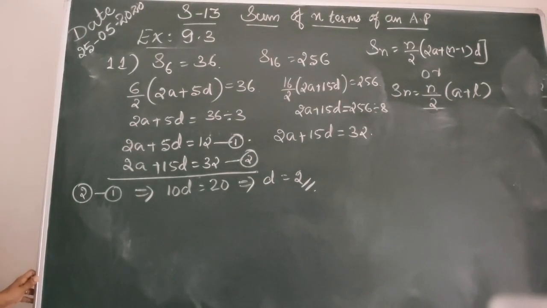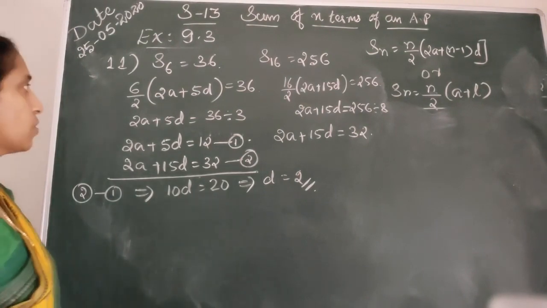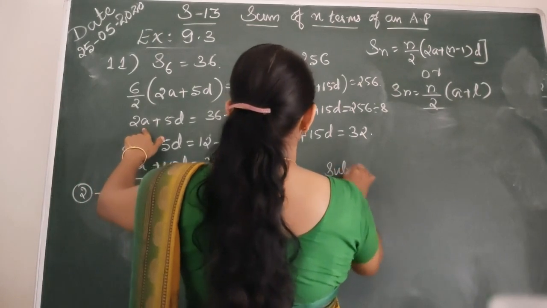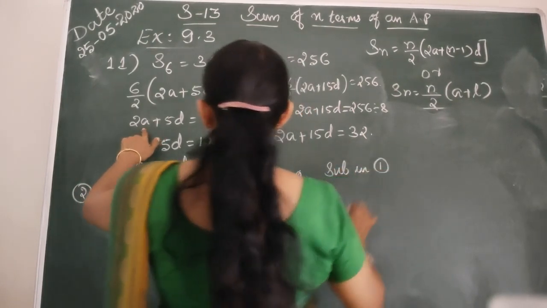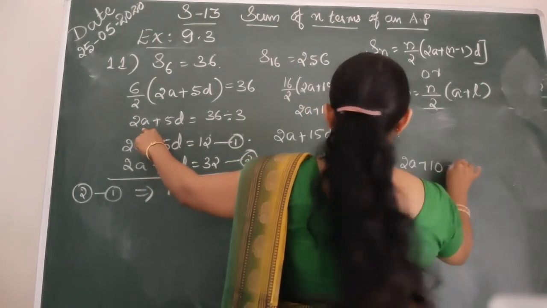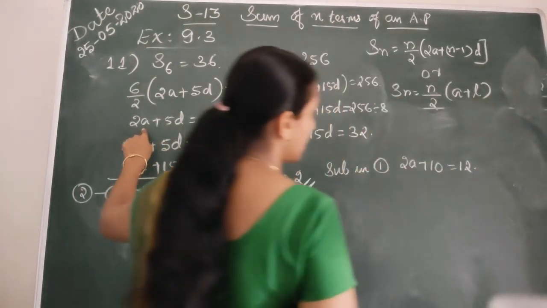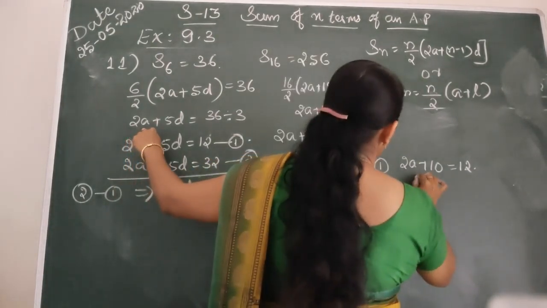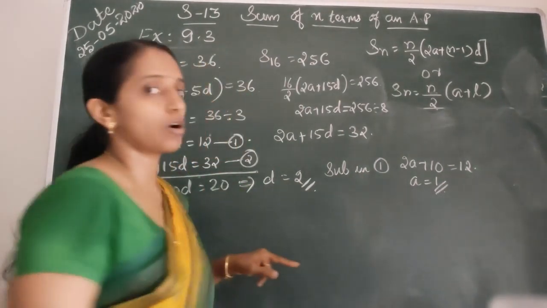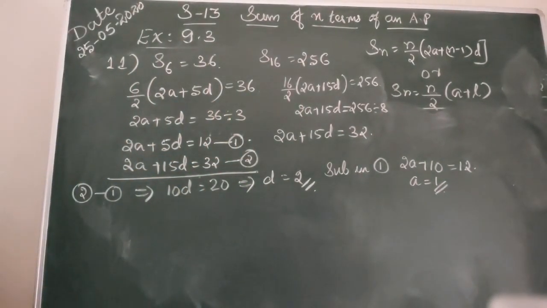Substituting D equal to 2 in equation 1, we are getting 2A plus 10 equal to 12, then 2A equal to 2, A will be equal to 1. So we got the value of A as 1 and D as 2.